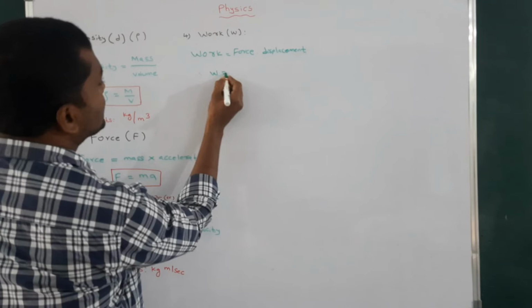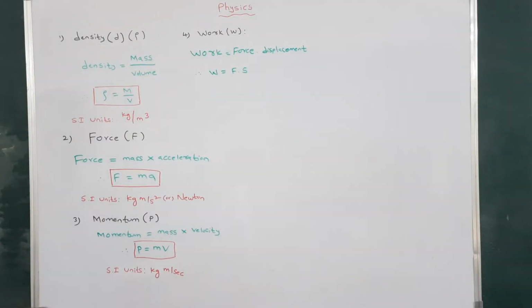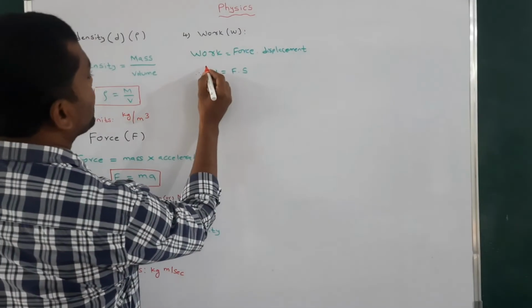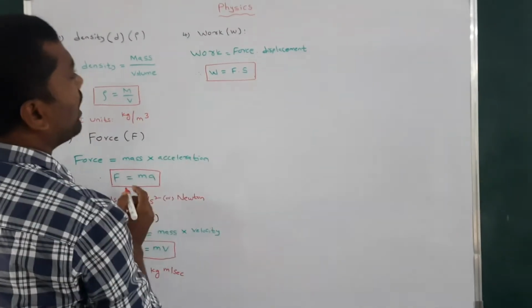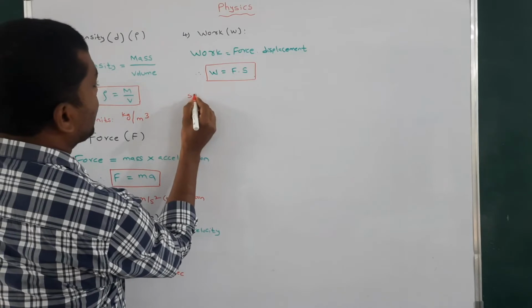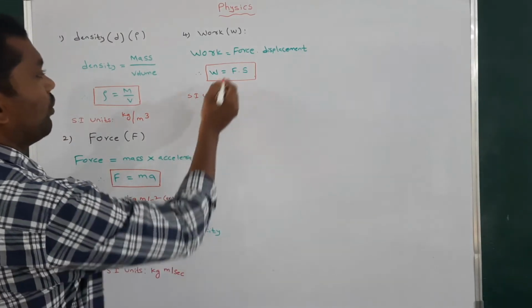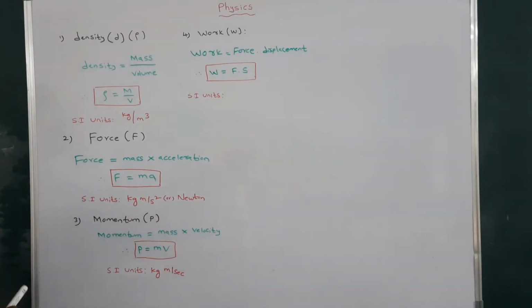Now we can write the principle W is equal to F dot S, where F means force and displacement is represented by S. So this is the principle of the work. Now we can write the SI units. Force is measured in Newton, or kg meter per second square.